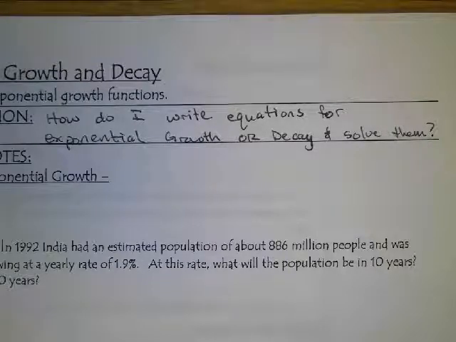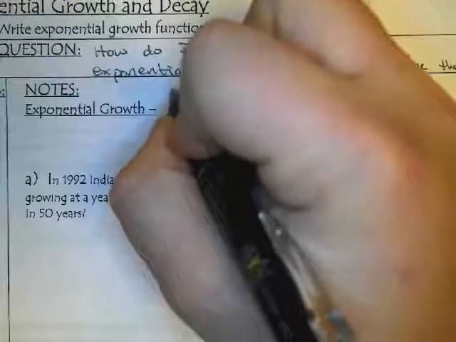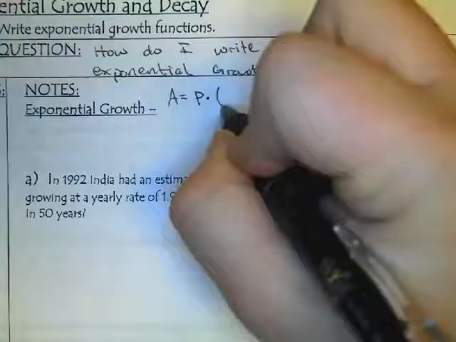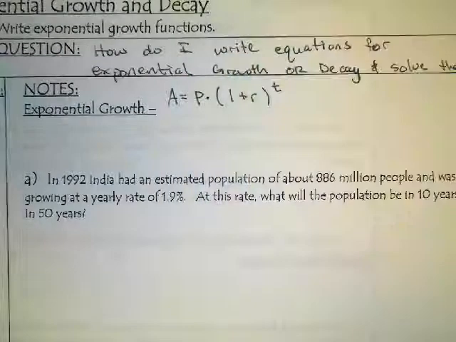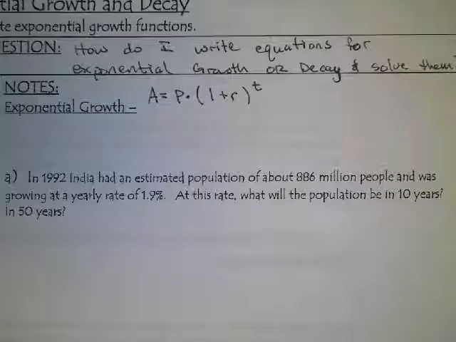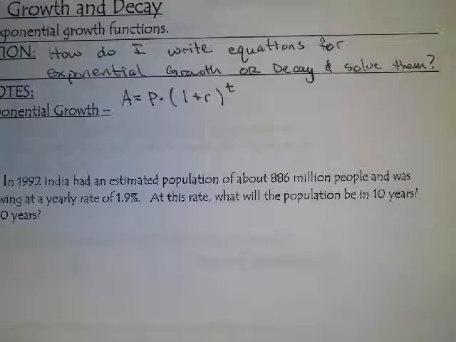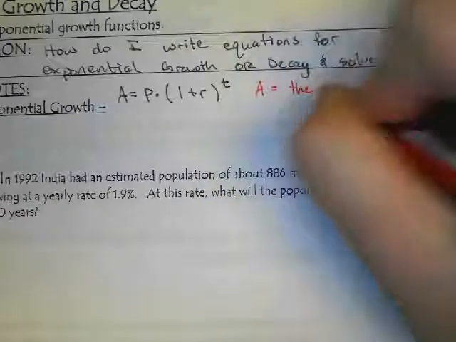So we're going to use the equation A equals P times parentheses 1 plus R raised to the T. And now we have to identify what all these letters mean. Well, A equals the final amount.